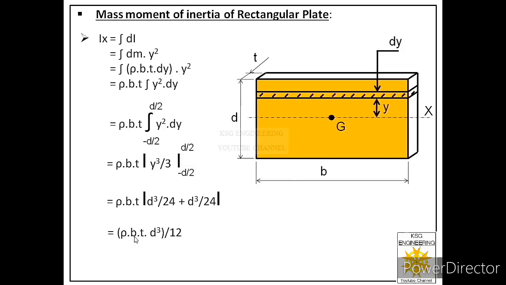So we can replace rho b t d by M. So the final equation will become M d square by 12, where d is the height of the rectangle, or we can say the side of the rectangle which is perpendicular to the axis about which we want to find the mass moment of inertia of the rectangular plate.